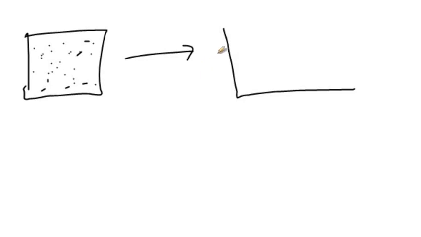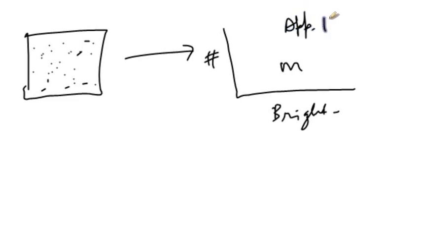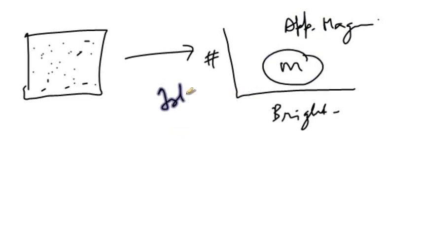These are the number of stars, and this is brightness, how bright the stars are, and we use the apparent magnitude, which depends on apparent brightness. So this was the first grouping of stars, or first characterization of stars.